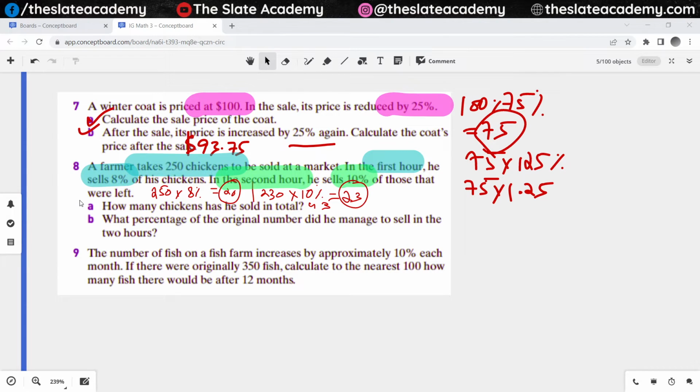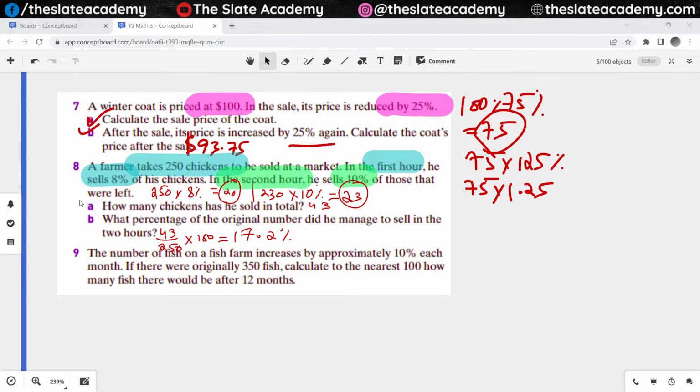So he sold 43 out of 250, and if I multiply that with 100, I get the percentage. What's the answer? Listen, what's the answer? 17.2%. And do you understand how we got this 17.2%?